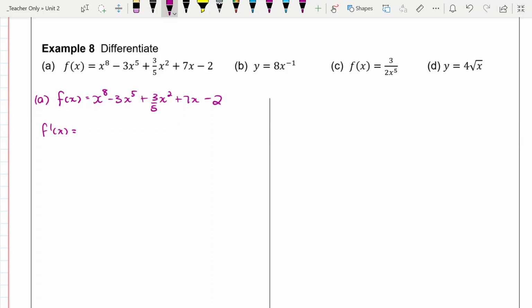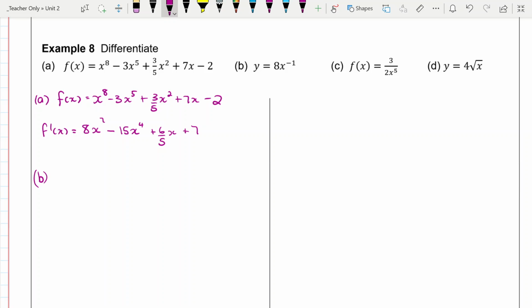Our derivative will be the number up at the top, 8x, and we take away 1 from the power, to the power of 7, minus 3 fives of 15, x to the 4, plus 2 times 3/5 becomes 6/5, x to the 1, plus 1 times 7 is 7, and the x to the 1 becomes x to the 0, so we don't have any variable there, and the 2 has a 0 derivative. It's one line, whole derivative. It would have taken you half a page doing the limit.